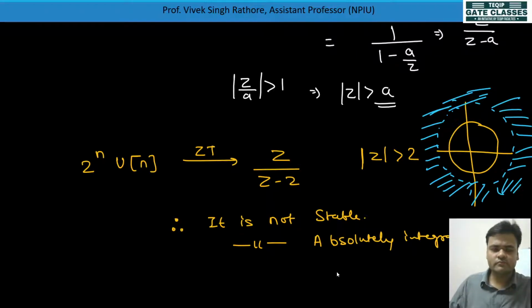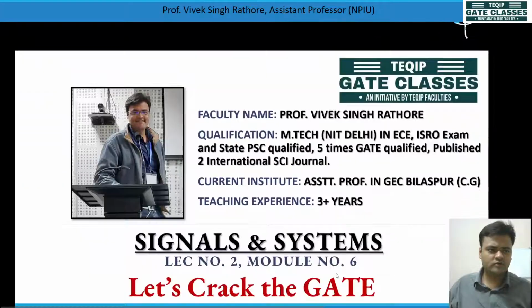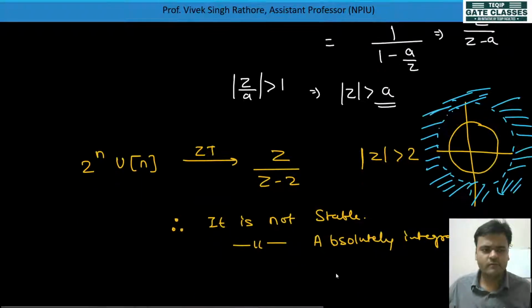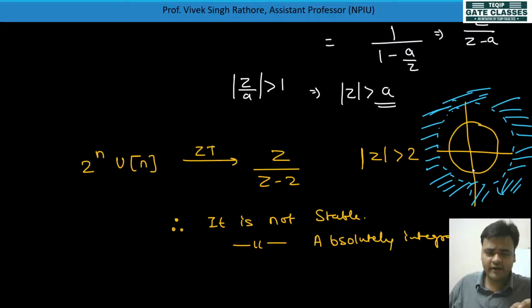So, I have told you earlier also, in the last lecture, in the introduction of Z transform, that whenever the region of convergence involves the radius equal to one circle, the unit circle, then it is an absolutely integrable signal, and then you can say that it is stable.